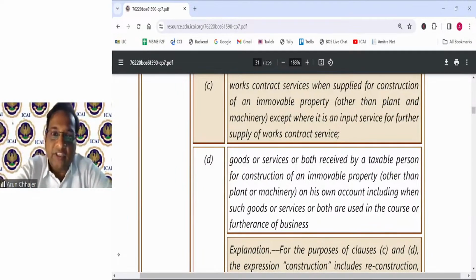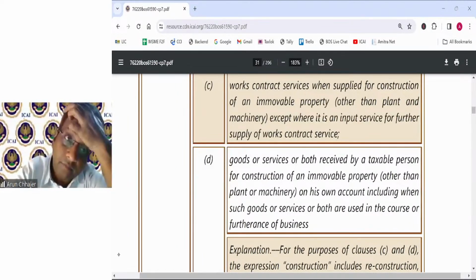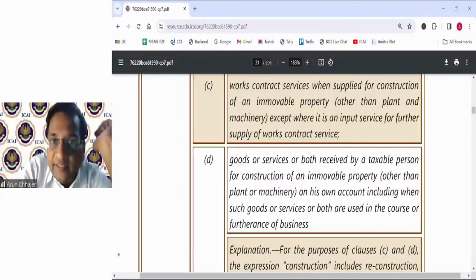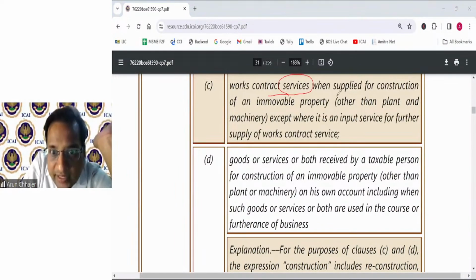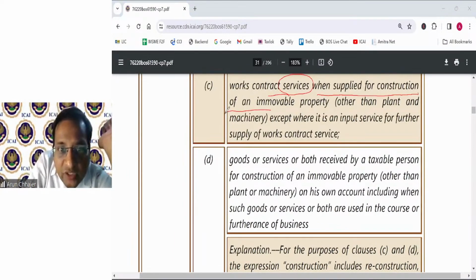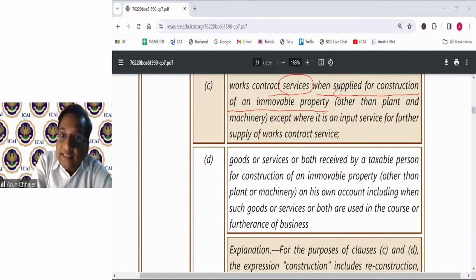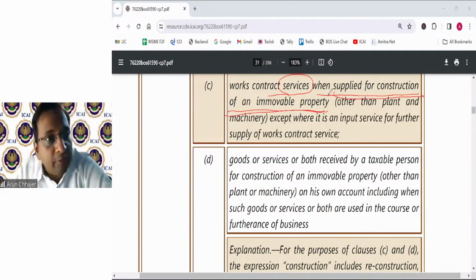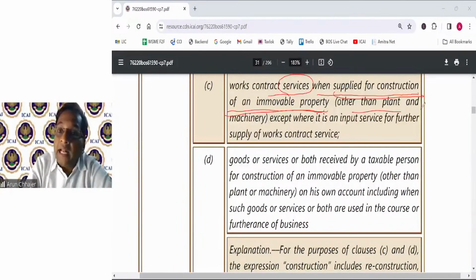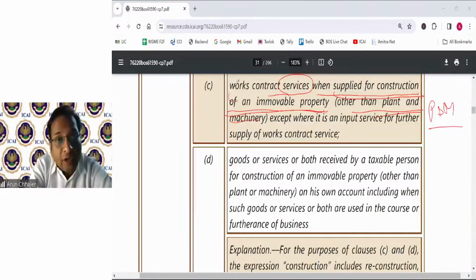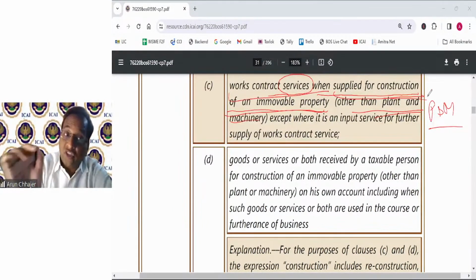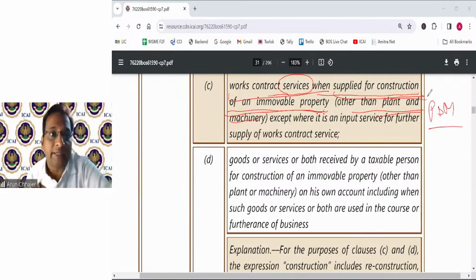When would ITC be disallowed? When work contract service is supplied for construction of an immovable property other than plant and machinery. It means for plant and machinery, ITC is allowed. Otherwise, work contract service for construction of immovable property is under the block category.